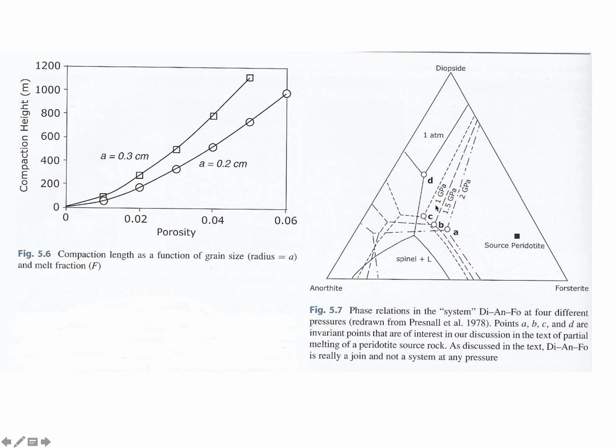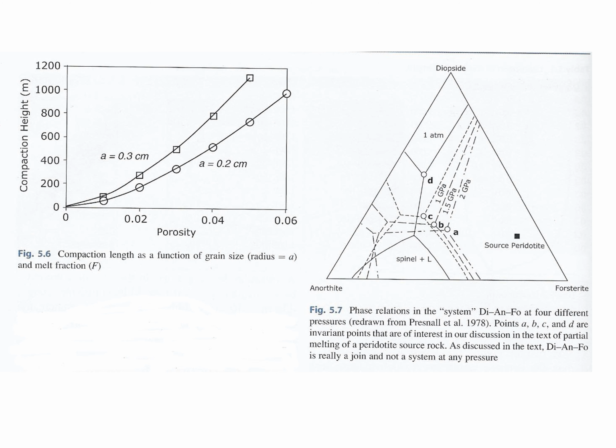We have here 1 gigapascal, that is 10 kilobars, 1.5 gigapascal is 15 kilobars, and 2 gigapascal is 20 kilobars. And here we have our source peridotite. It is plagioclase peridotite, and plagioclase peridotites are low pressure peridotites. I mean, that is then a lherzolite.